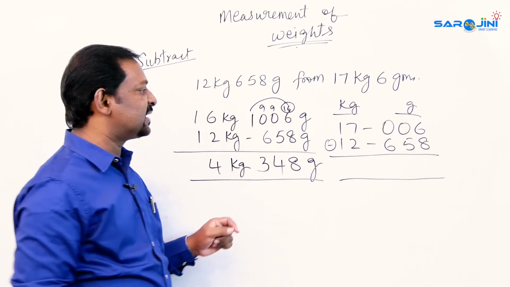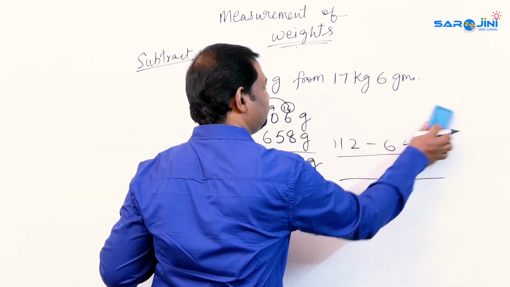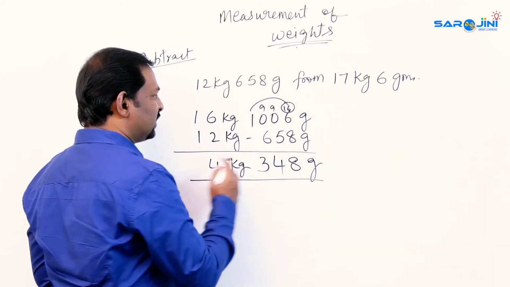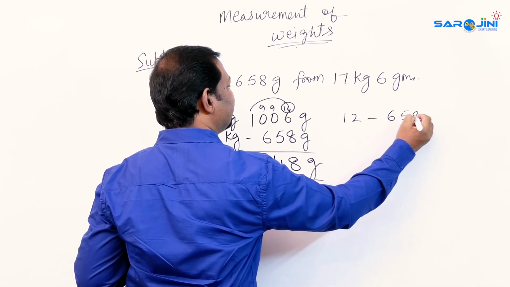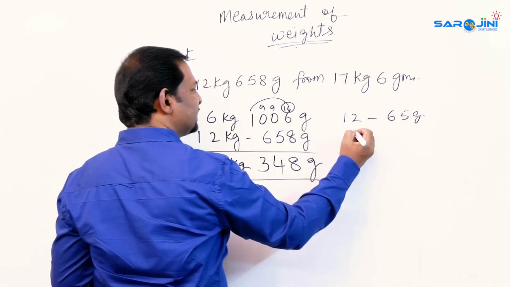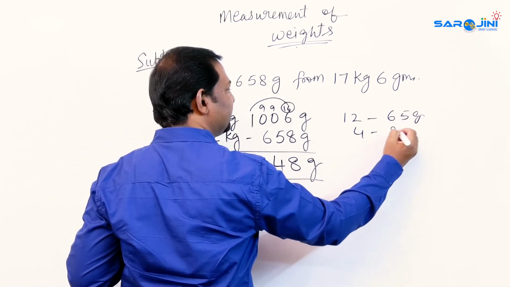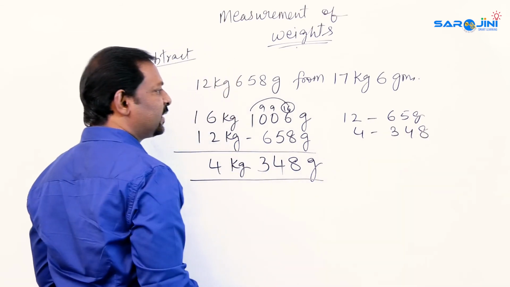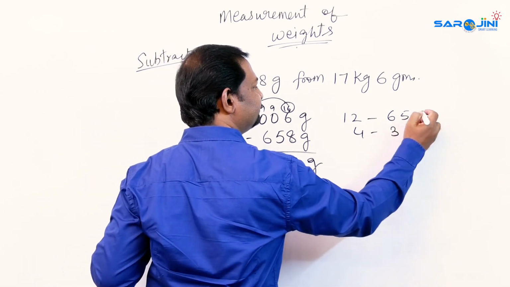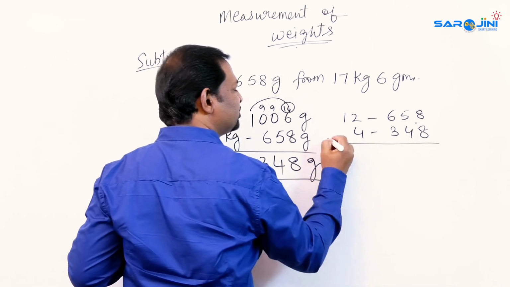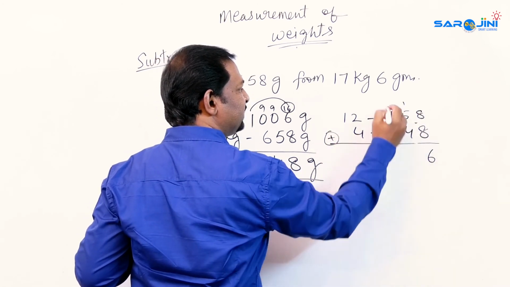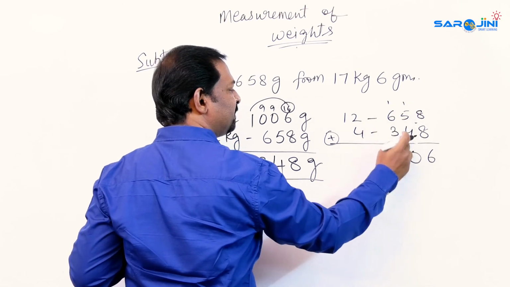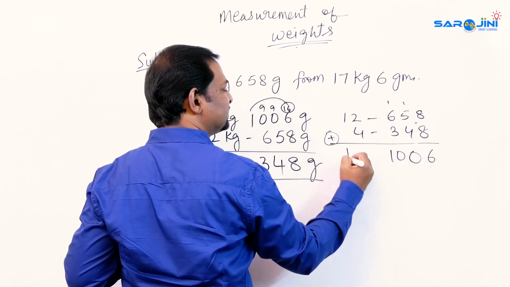Let us check whether this answer is right or wrong. What is the first one? 12 kg 658 grams. 4 kg 348 grams. Okay? This is 8. Now if we add these grams, we'll check. This is 16. This is 6 plus 4, 10. And this is 7 plus 3, 10. And this is 16.